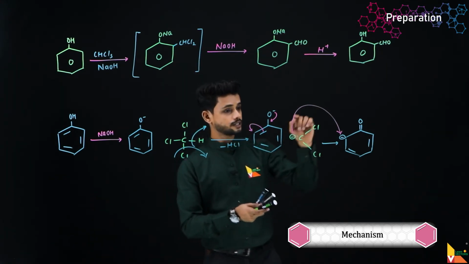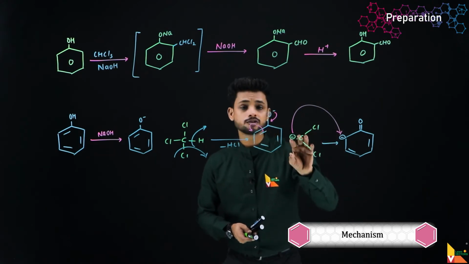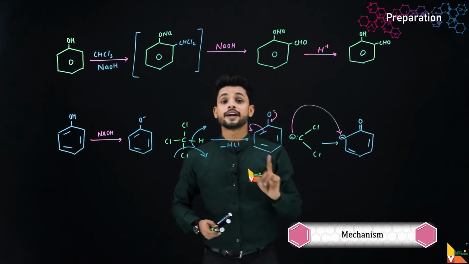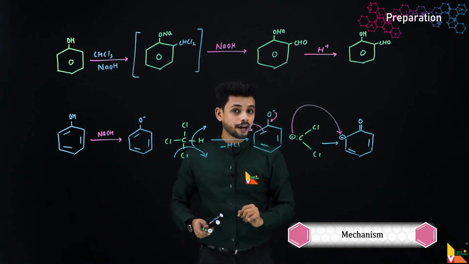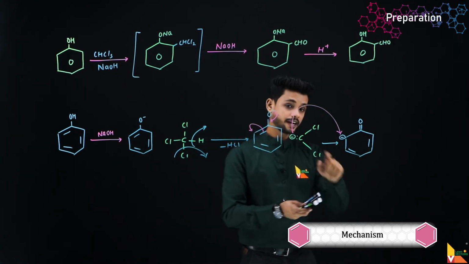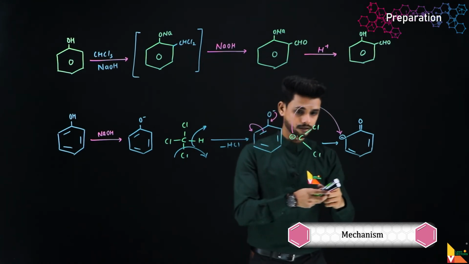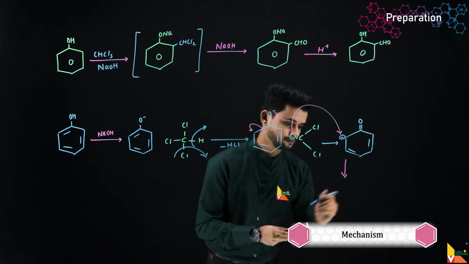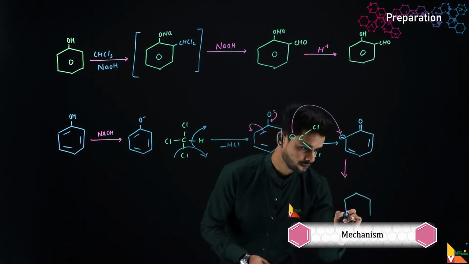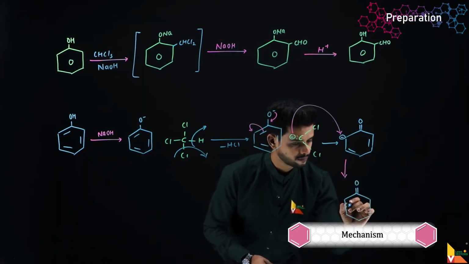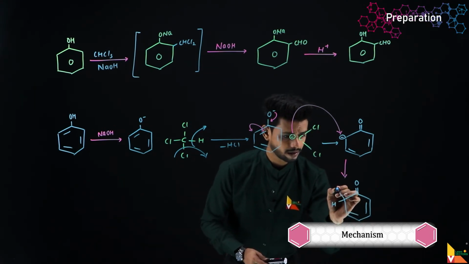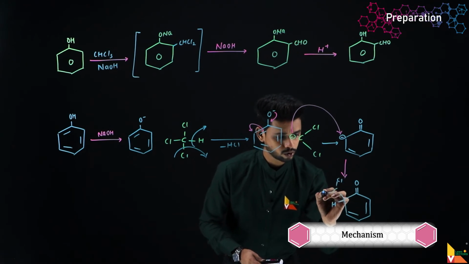Okay, now while this group is trying to attach, there is already a hydrogen, since all the carbons here which are sp2 hybridized already contain a hydrogen, so what we get after the attack is this structure. So here we have a hydrogen and a carbon attached to two chlorines.